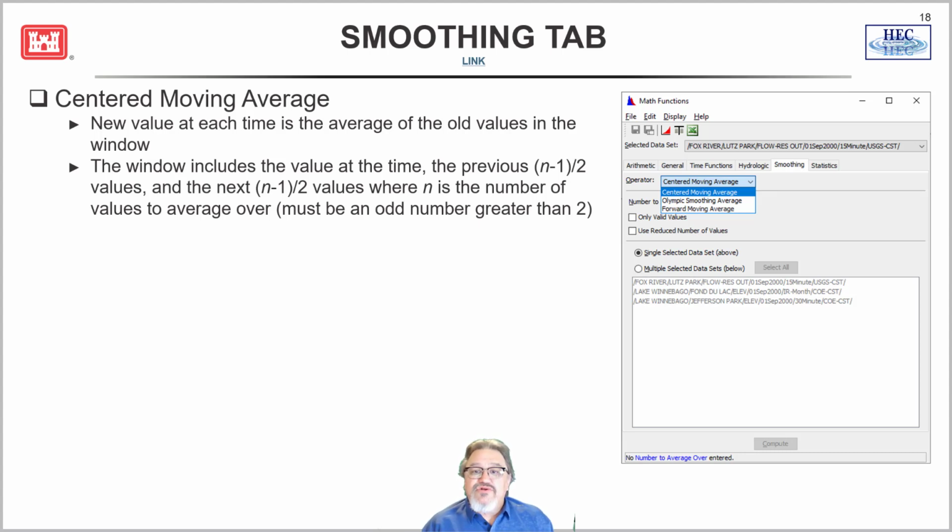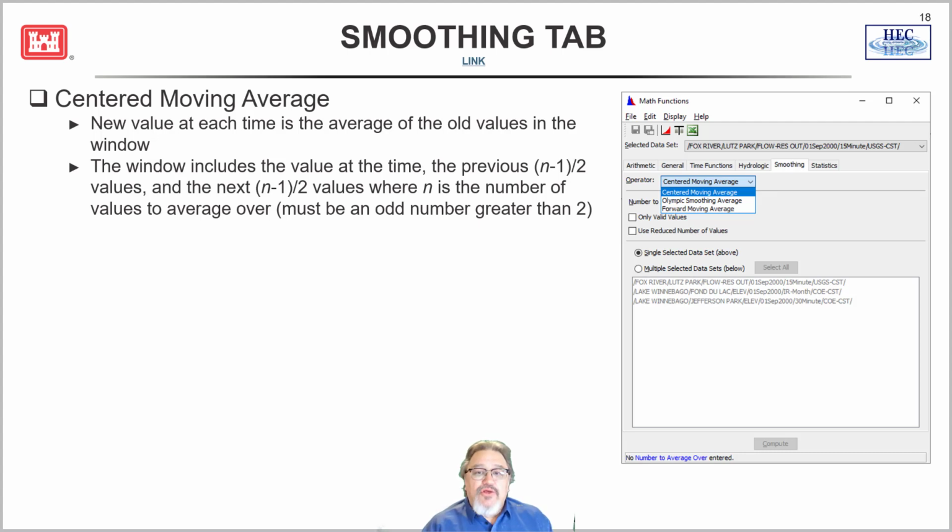Now, a centered moving average has to have an odd number of values because the value itself is included, and you need the same number of values before it and after it. So that implies you have to have an odd number greater than 2. You can use 3. Probably wouldn't get a whole lot of great smoothing, but you can use that. It's engineering judgment or technical judgment to decide how many values to include in the smooth.